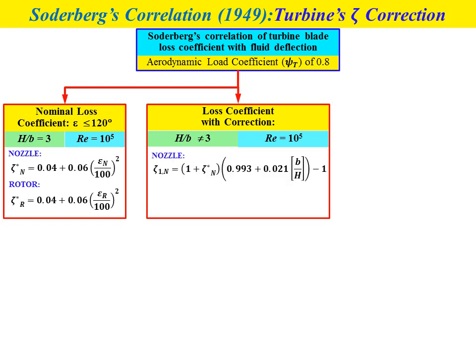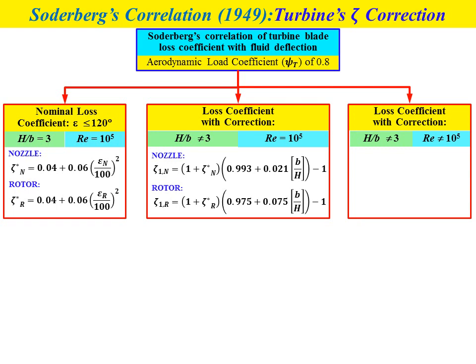So Soderberg suggests that for the nozzle, the loss coefficient that already includes the correction, zeta 1n, equals 1 plus zeta n star multiplied by 0.993 plus 0.021 multiplied by B over H minus 1. For the rotor, zeta 1r equals 1 plus zeta r star multiplied by 0.975 plus 0.075 multiplied by B over H minus 1.